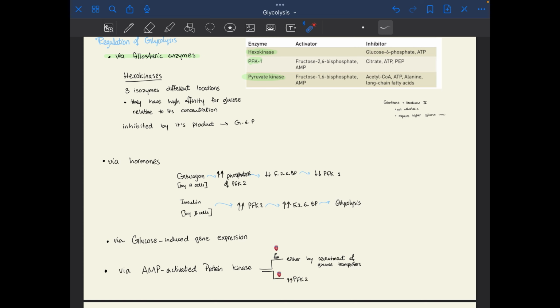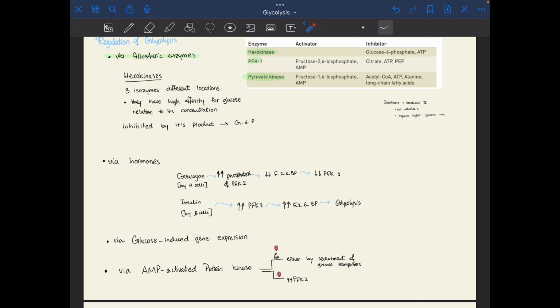When we have activation of phosphofructokinase 2, we will have fructose 2,6-bisphosphate, which is an activator of phosphofructokinase 1. Okay, and when it's done via glucose-induced gene expression, so mainly when we have a lot of glucose, for example, glycolysis can be initiated via gene expression.